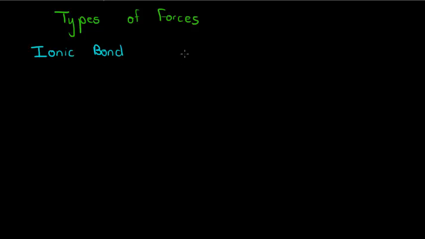In an ionic bond, you'll remember we have a positive ion and a negative ion. So we have a cation and an anion attracting one another, and these two form a molecule.